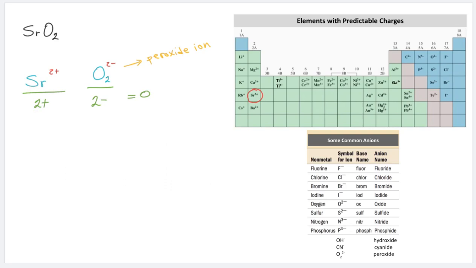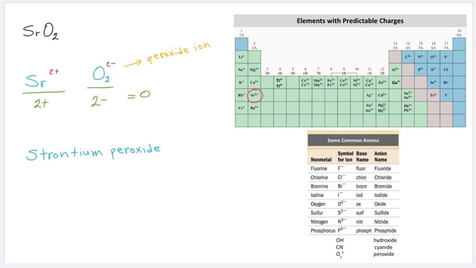Excellent. Okay, so the name for this will be strontium peroxide.